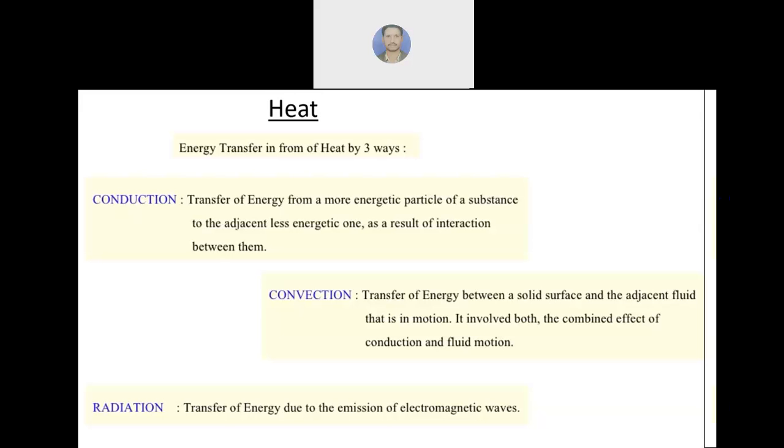It can occur without a medium as well as with a medium. These are the three ways of heat transfer: conduction in solids, when there is energy transfer between molecules; convection between a solid and a fluid; and radiation anywhere, due to the emission of electromagnetic waves.